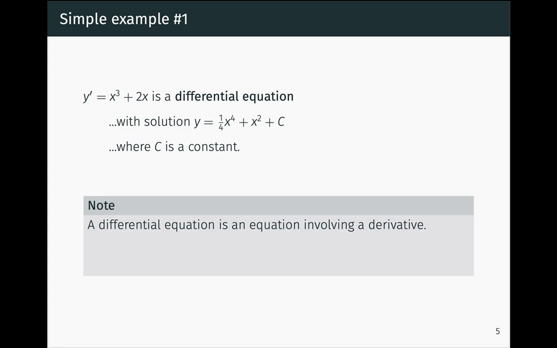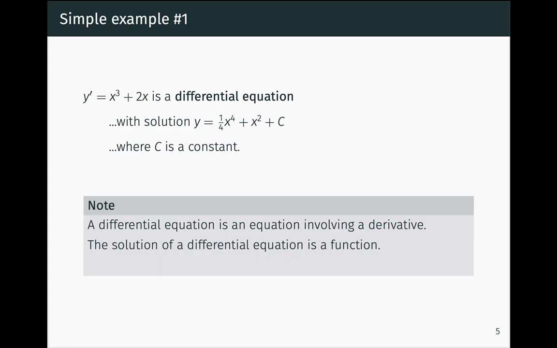So what do we learn from this really simple example? Well, a differential equation is an equation that involves a derivative. That's really as simple as it gets. The solution of a differential equation is a function. When we solve equations before learning this topic, we expect to get either a number as a result, or perhaps 2, 3 or more numbers, or maybe an algebraic expression if we're solving a literal equation.